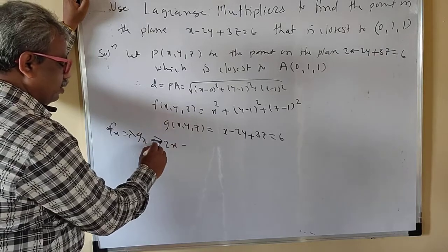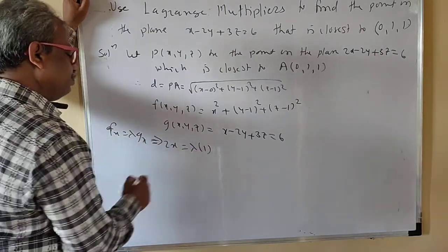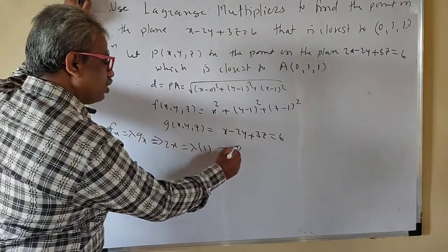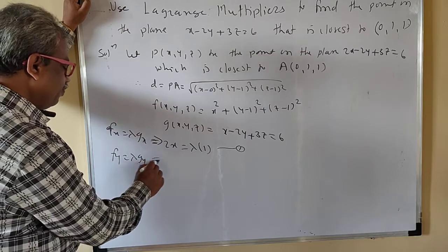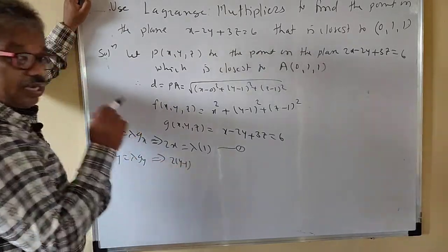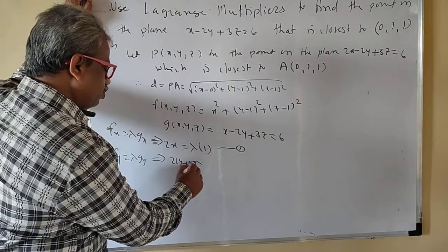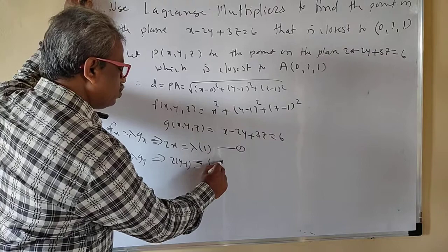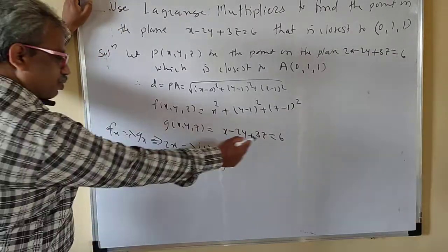This implies that twice x is equal to lambda into 1. I call this 1. Fy is equal to lambda gy. What does this imply? Fy is 2 into (y minus 1) into the derivative of y minus 1, which is 1. So this is equal to lambda into minus 2, since the derivative of this is minus 2.